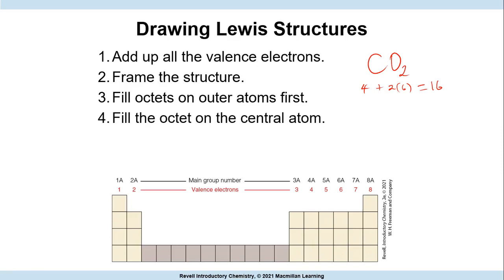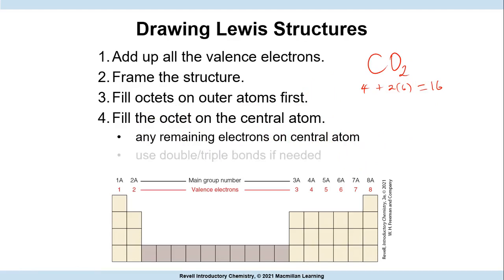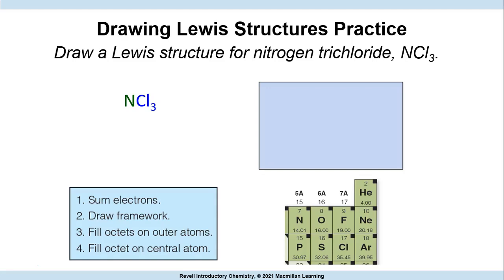After filling the octet for the outer atoms, the remaining electrons, we put them on the central atom. And we could also make the central atom have an octet by using double or triple bonds if need be.